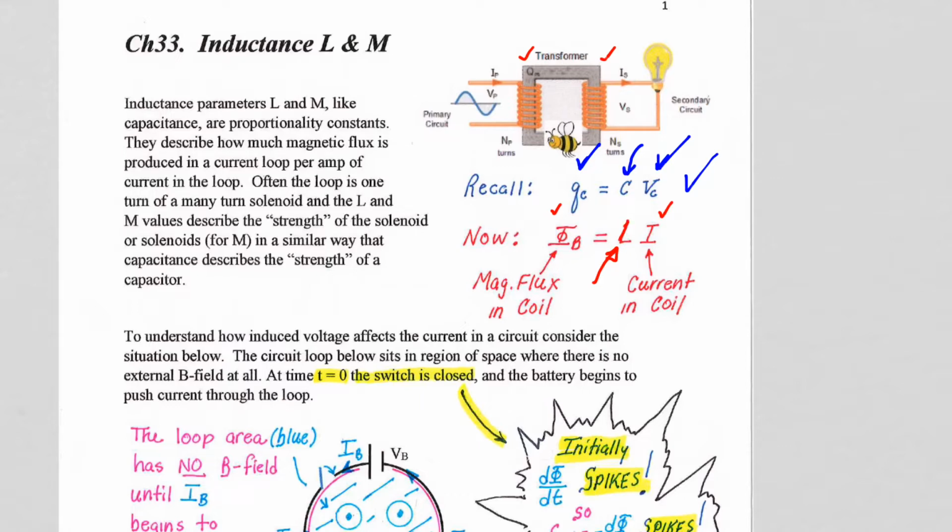The self-inductance L is going to tell us how much flux per amp there is through a coil or for a solenoid, and we're going to begin to refer to solenoids now as inductors. So a solenoid is going to be our prototype of an inductor.